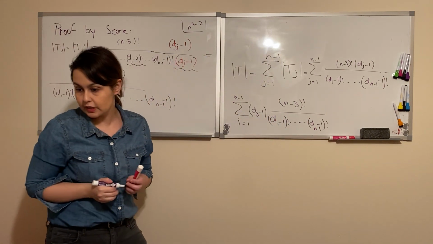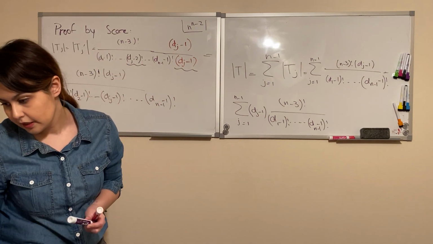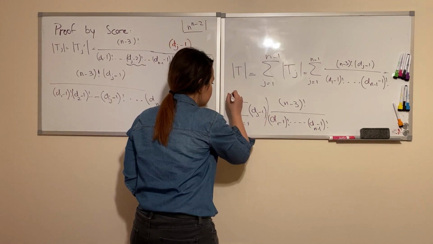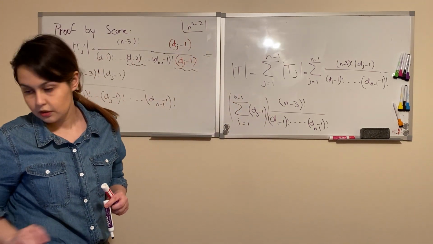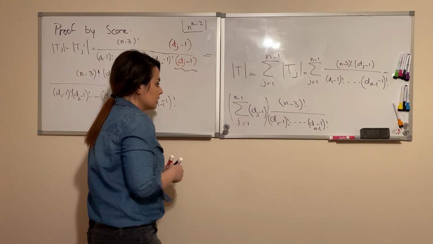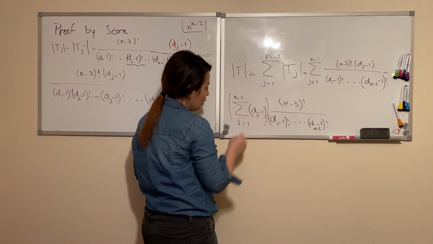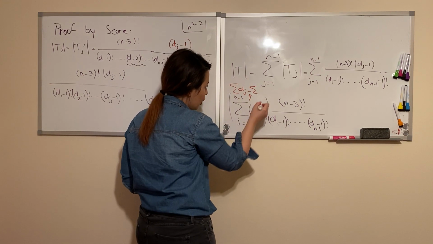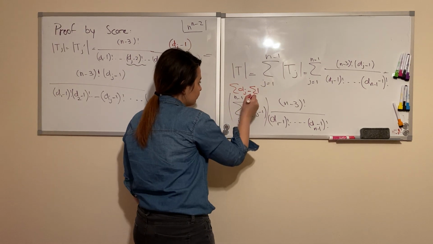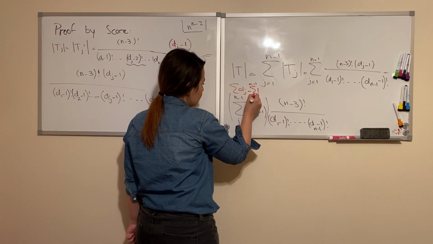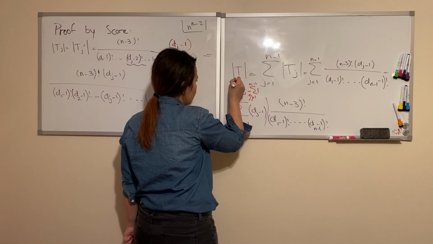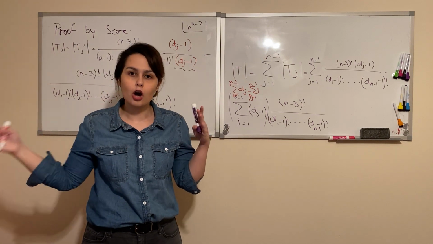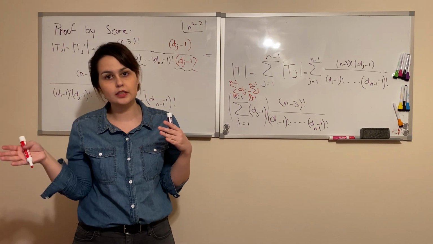Okay, let's see what happens when I have this sum. See here, I have the sum of d_j minus the sum of 1, for j equal to 1 to n minus 1. This part is the summation of degrees of all my vertices, but not n.